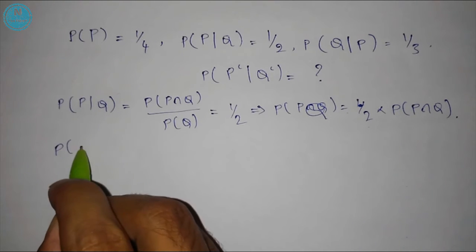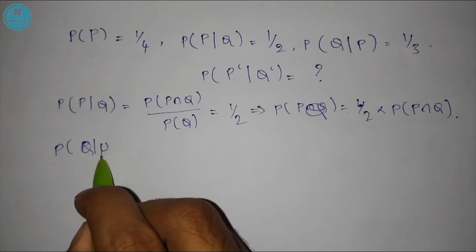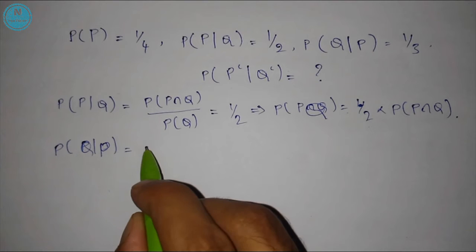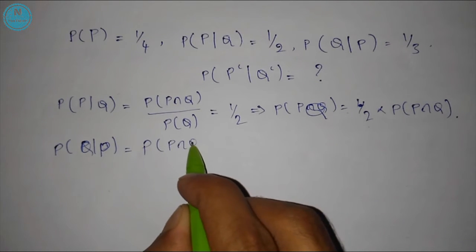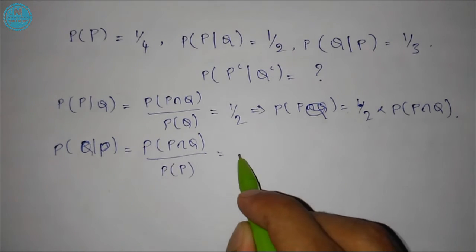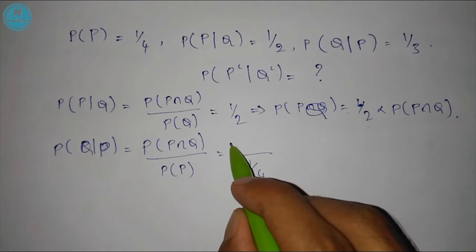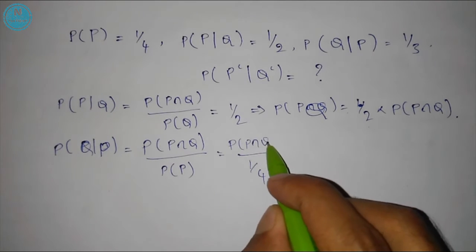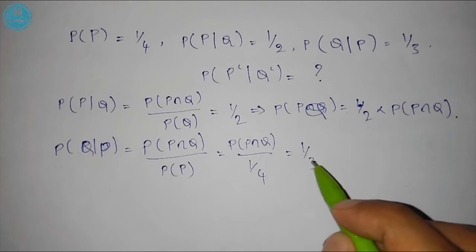It is from Q by P. Q by P is P intersection Q by P of P. You know the P of P is 1 by 4. P intersection Q by P of P is 1 by 3.